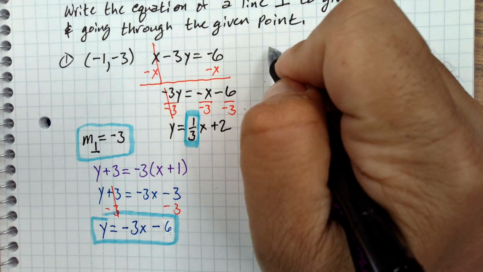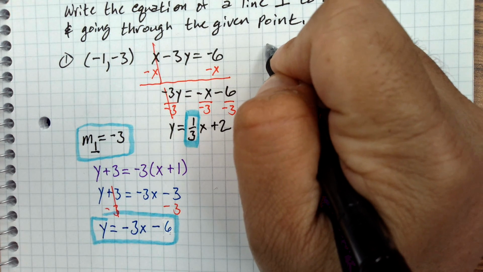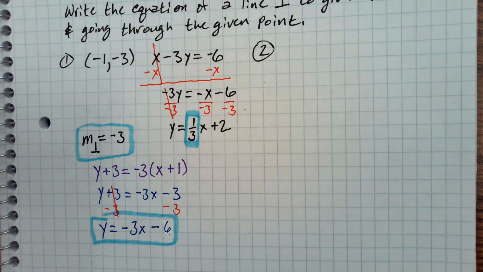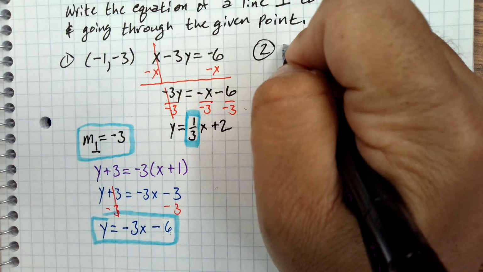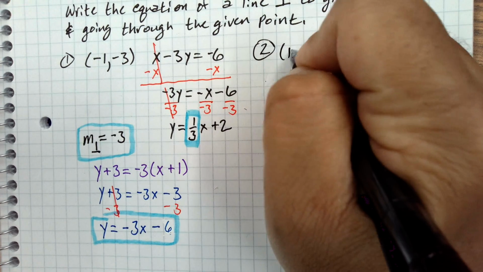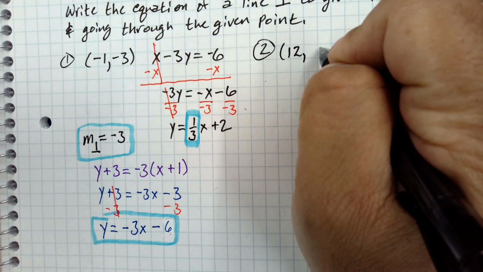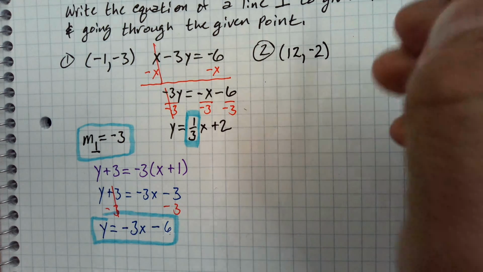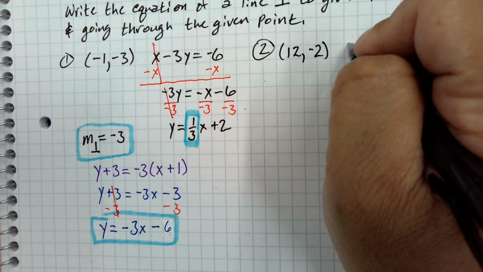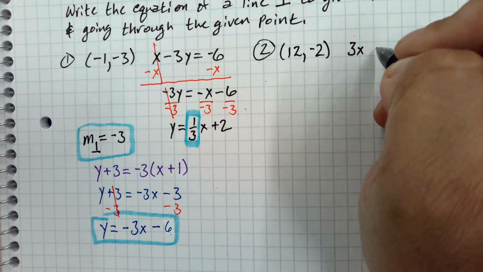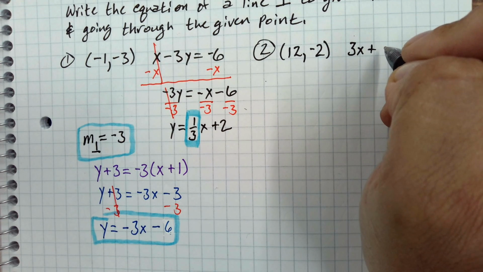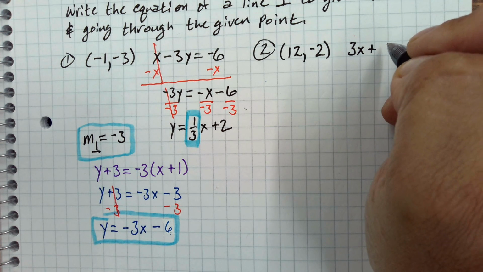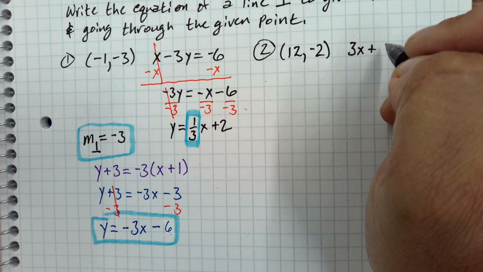Let's do another one. We're going to do a total of 3, so this will be the second of 3. So this time our point for the equation is 12, negative 2. We want a line that goes through 12, negative 2, and is going to be perpendicular to 3x plus y. Oh, did I go off?